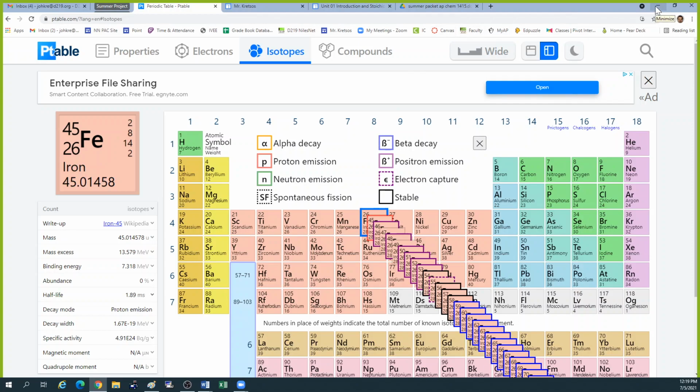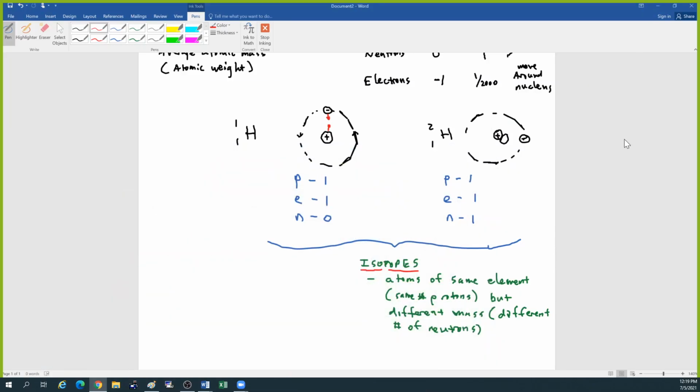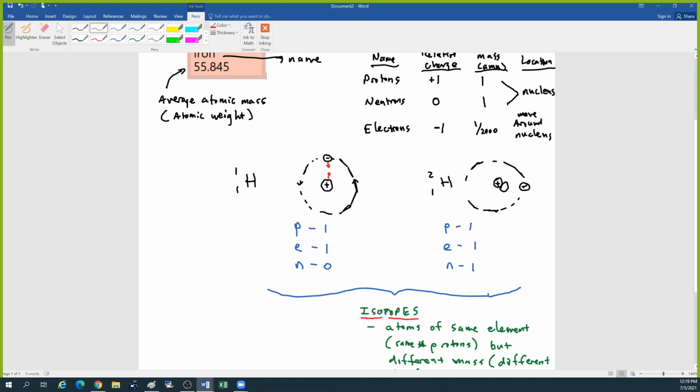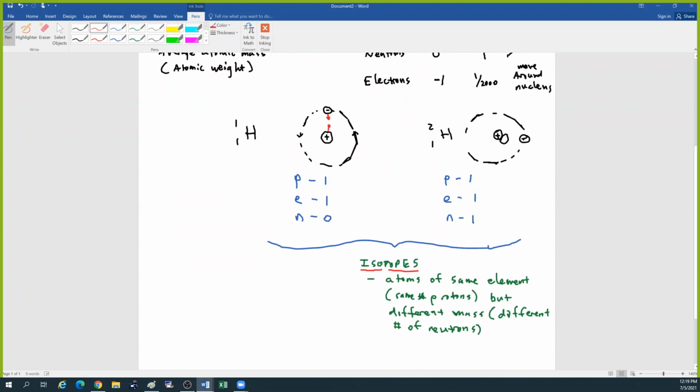But for now, I just want to define the term isotope for you. Now, in the end, you should be able, by understanding the labels of these symbols, to work backwards and forwards between a symbol, a physical representation, and the atomic composition, like what are the parts, what are the protons, electrons, and neutrons.